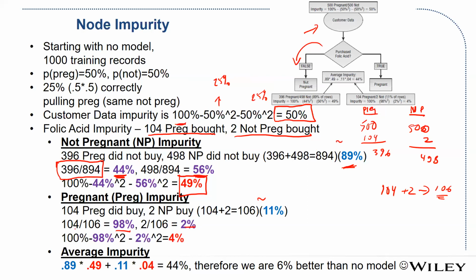And then if we take the 100% minus 98% squared minus 2% squared, we get 40%, or I'm sorry, 4%. So now what we do is we take our 89%, right here, this blue 89, so these are all color-coded, times our 49%, plus our 11% times our 4%, and we get down to a 44% node impurity. So that's how we get that 6% better.